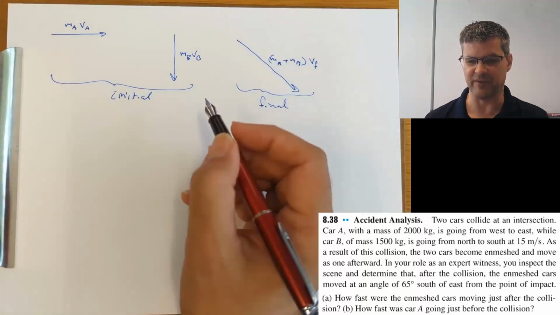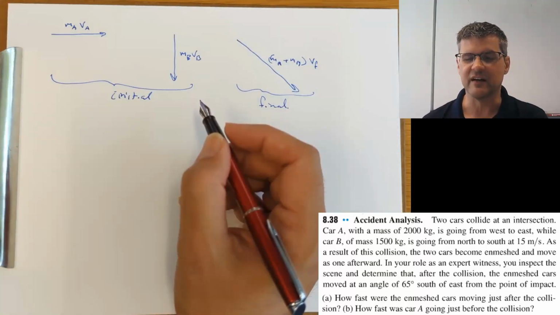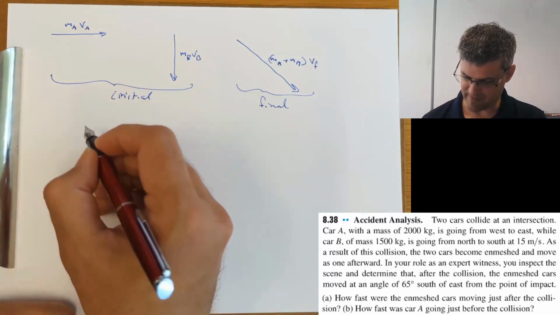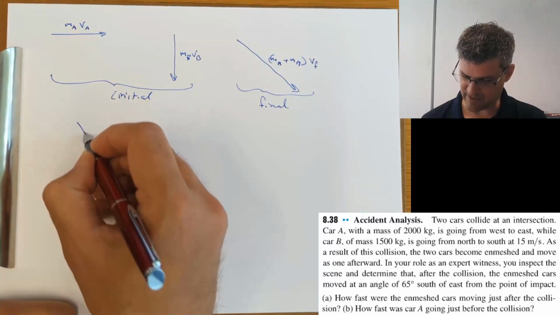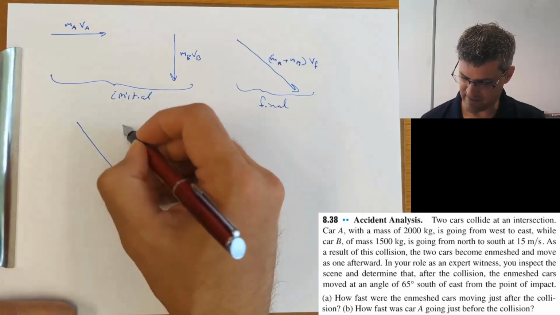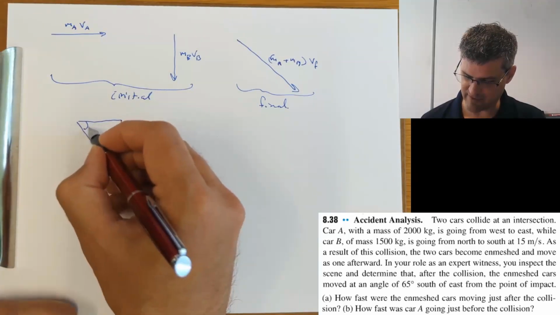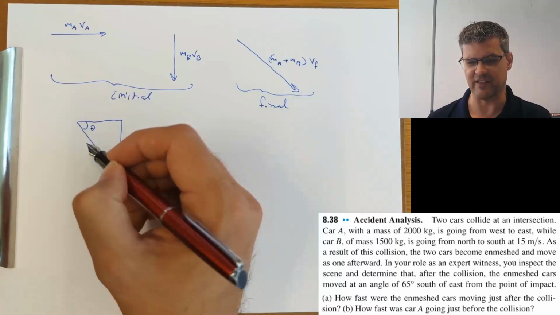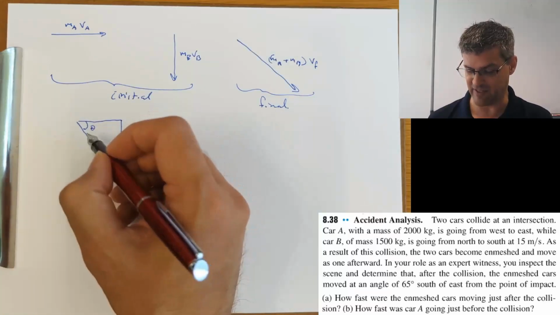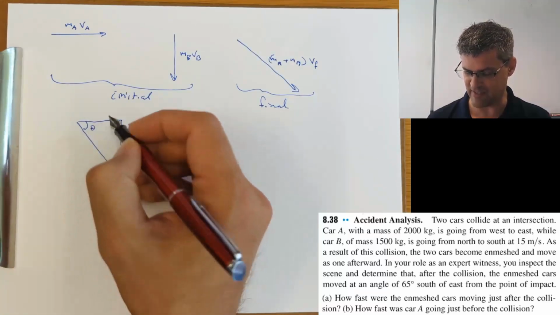And if we wanted to put these two together, 65 degrees south of east, what we're essentially saying, after the collision, we're told this angle. This is the 65-degree angle in the problem, south of east.